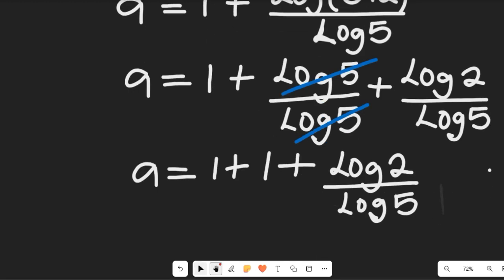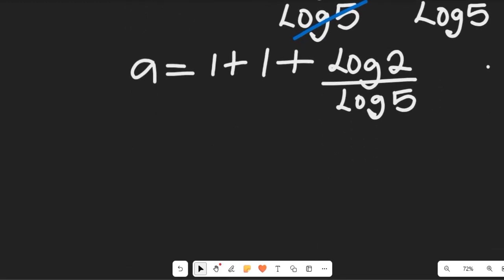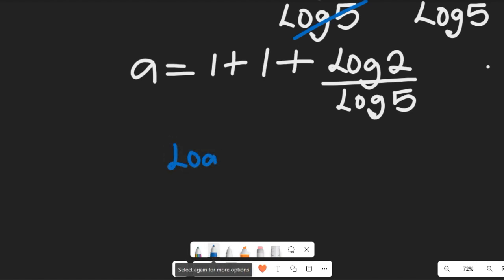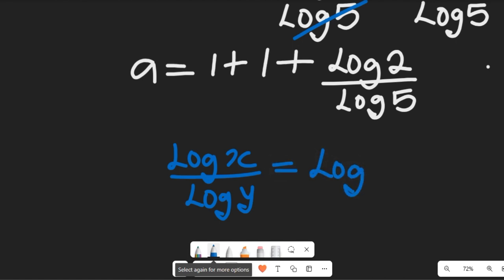So at this point, we're going to apply one specific law of logarithm. If we have the log of x divided by the log of y, according to the law of logarithm, this can be equal to the log of x base y, right?